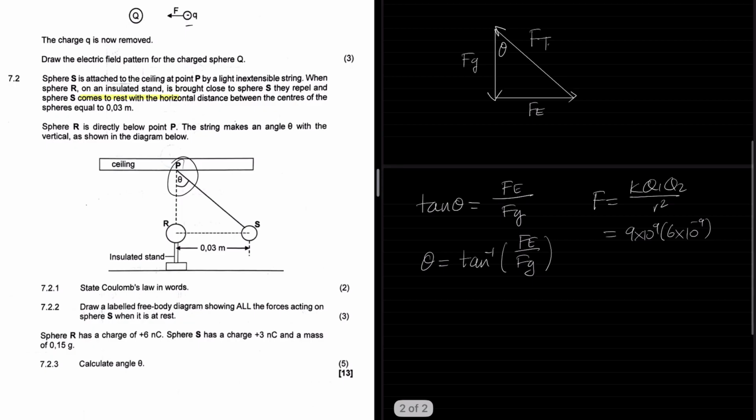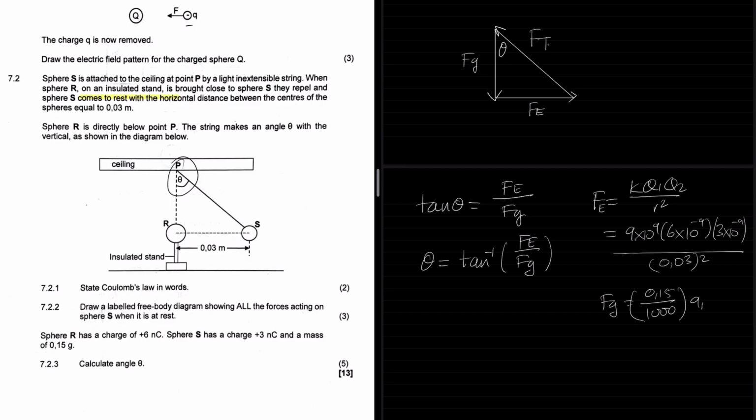And then q2 is 3 times 10 to the minus 9, divided by r squared, so 0.03 squared. So that's Fe. And then Fg is mass times gravity. So the mass they've given us is 0.15, but we need to divide that by 1,000 because we want it in kilograms, multiplied by 9.8. So we know our Fe, we know our Fg.